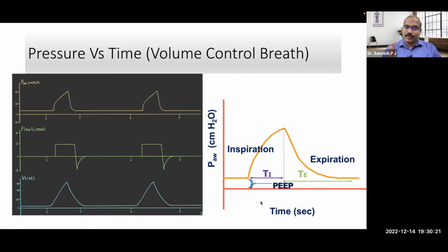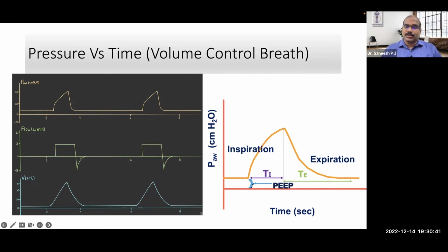From the time of onset or trigger to the time of starting of exhalation is the inspiratory time. And from this time to the beginning of next inspiration is the expiratory time. I think this part is clear.